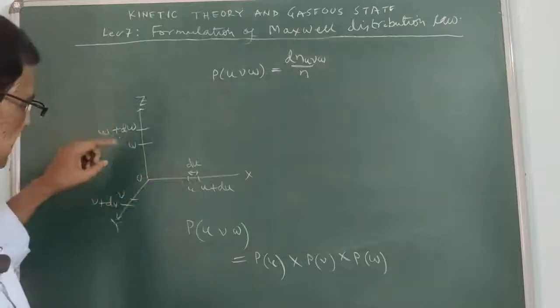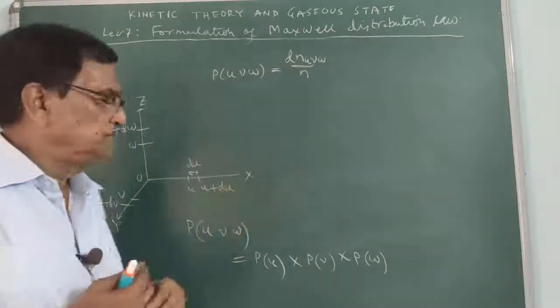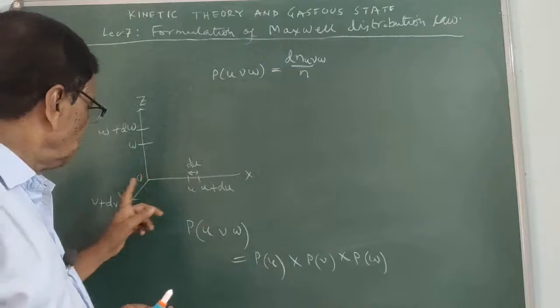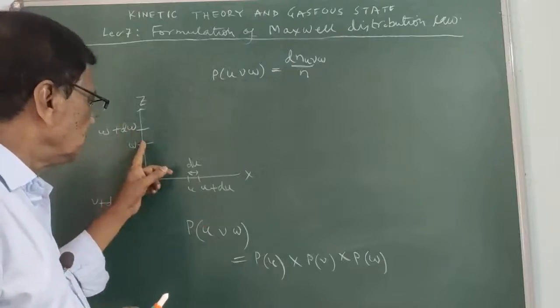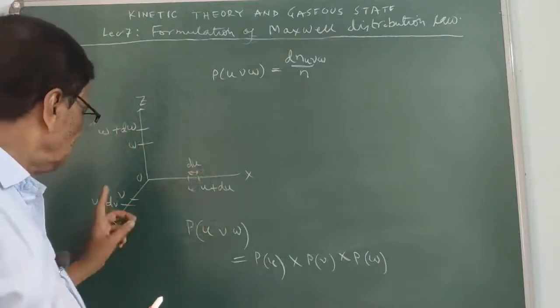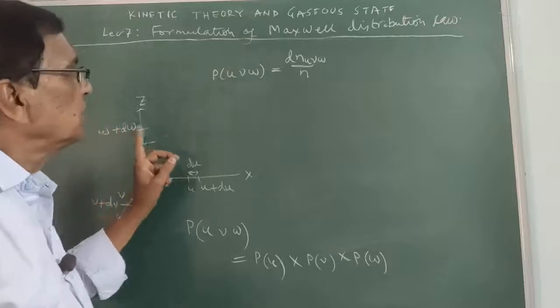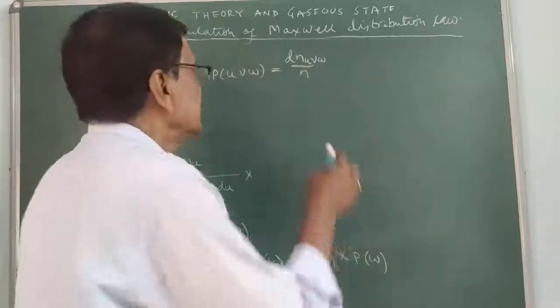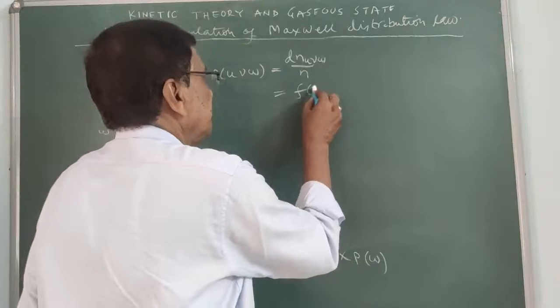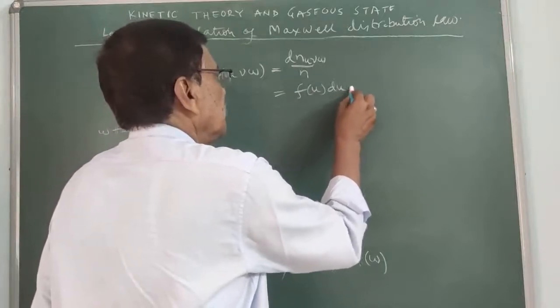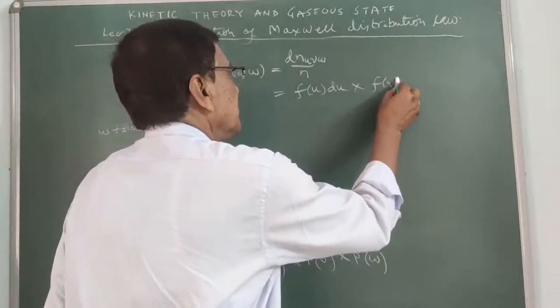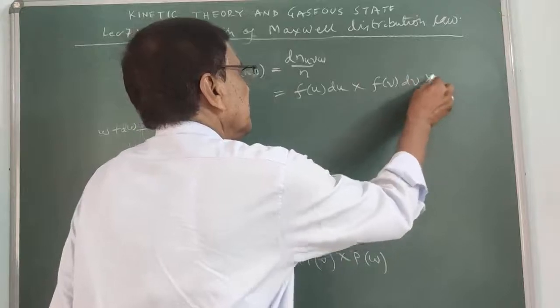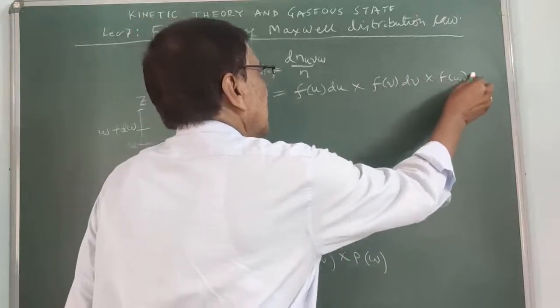All the molecules having the velocity u, v, w within the range du, dv, dw will be like this, and this is equal to f(u)du times f(v)dv times f(w)dw.